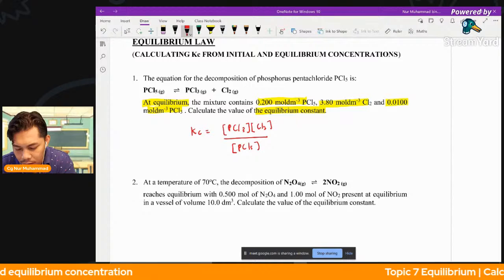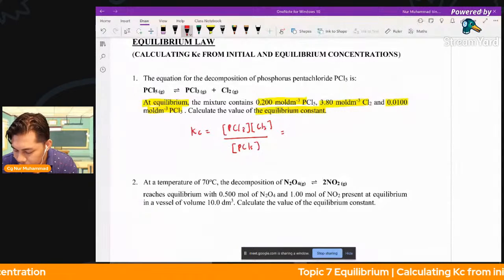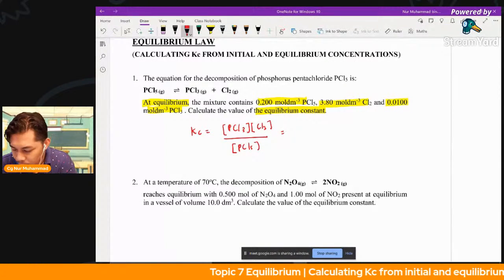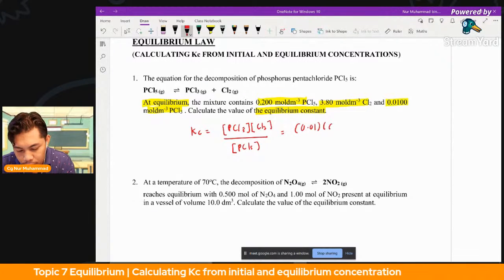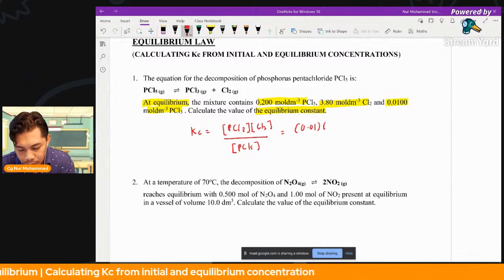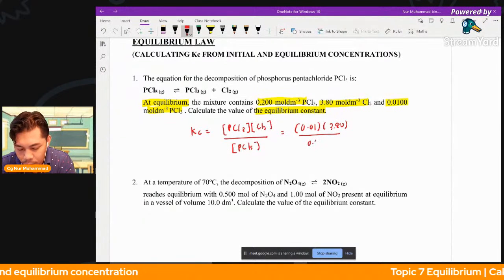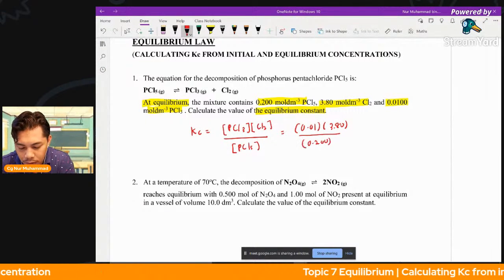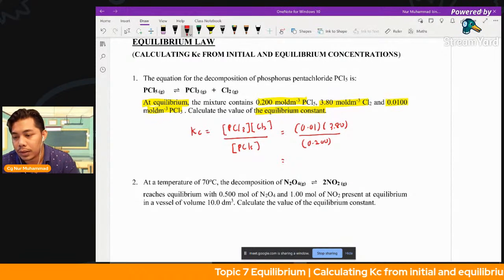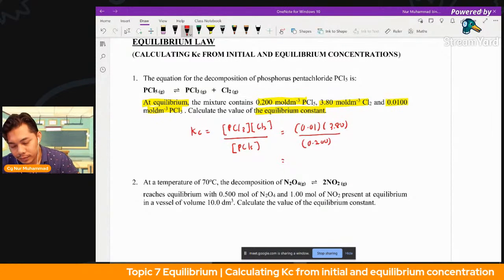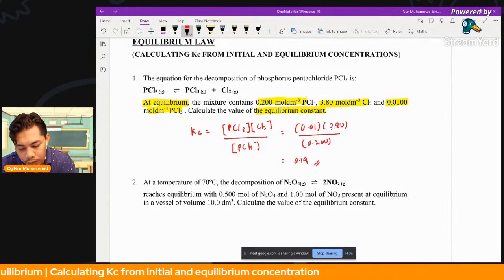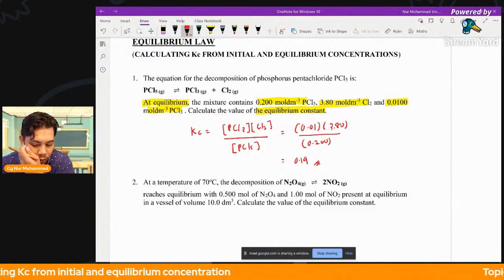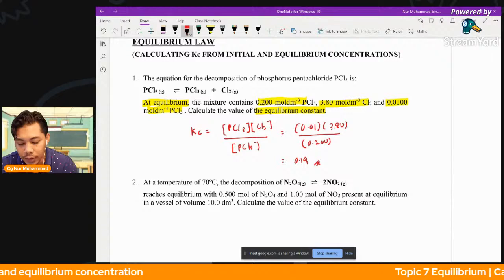Okay. Dah kira dah? Okay, so 0.01 times 3.80 divided by 0.200. So what is your final answer? Okay, 0.19. There is no unit for Kc. Okay, so that's all for the question 1.